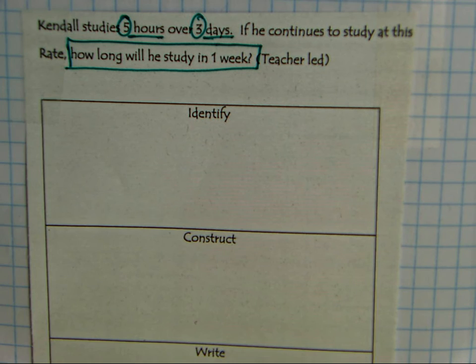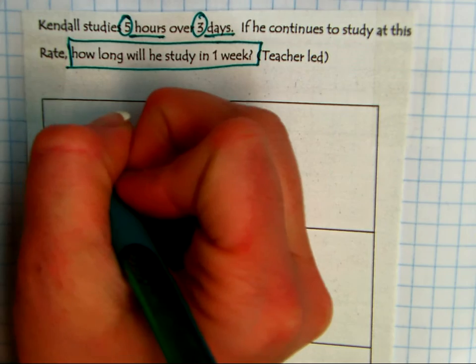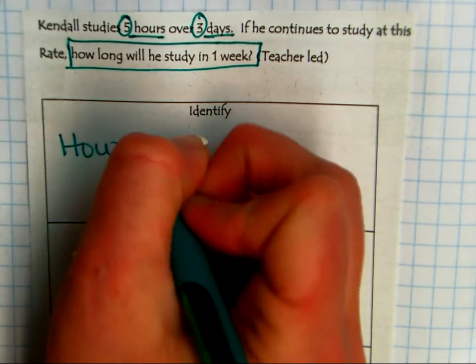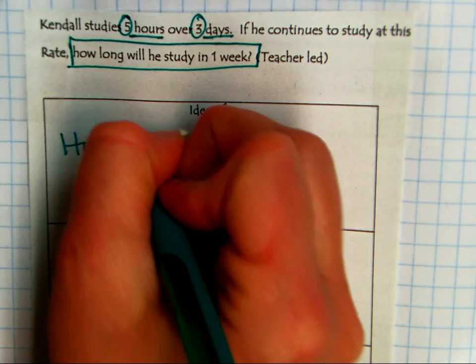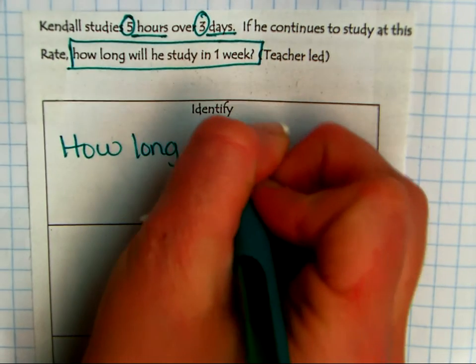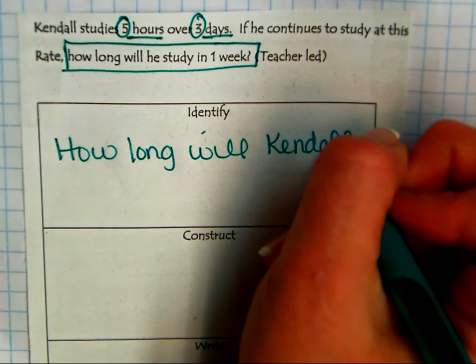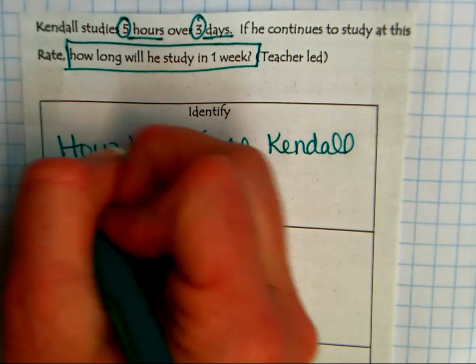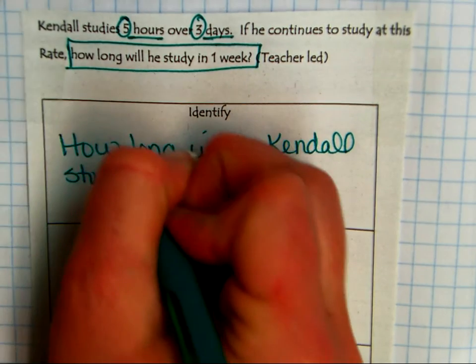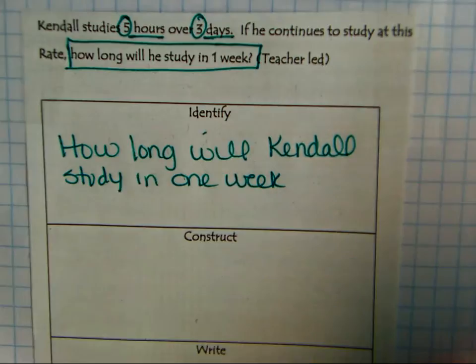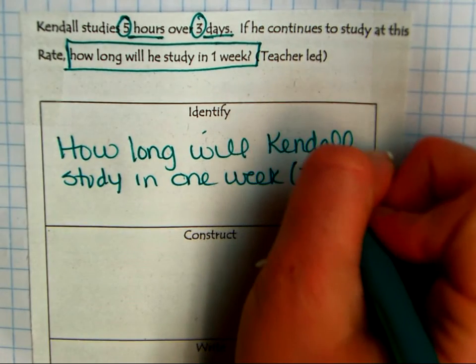Okay, so now that we've marked up our word problem, we're going to identify what our question is. Our question is, how long will Kendall study in 1 week? And we need to remember that a week is 7 days.